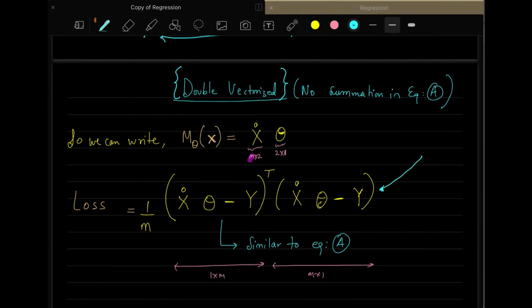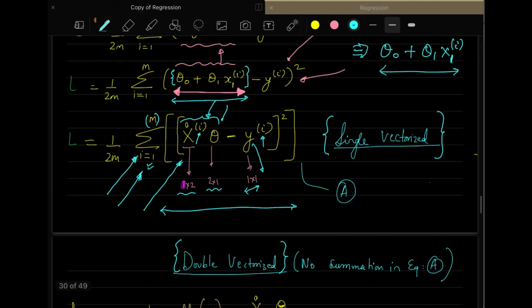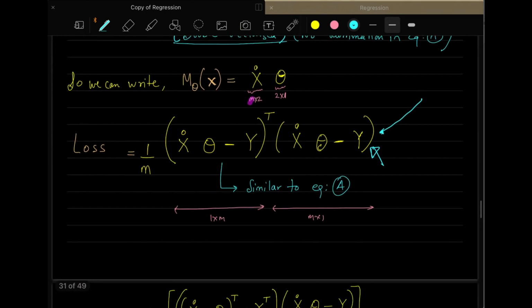This expression is similar to this expression given here. Basically, you are writing x squared as x transpose x in the matrix format. We are using this type of concept here. If we use this, then the internal argument of this, which is given over here, can be represented like this.